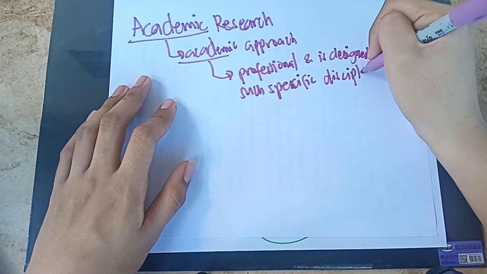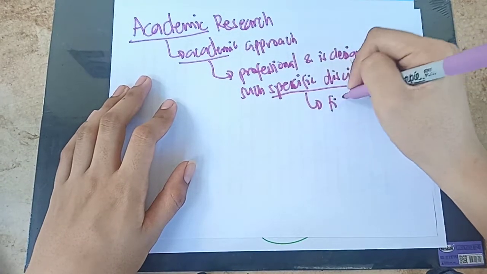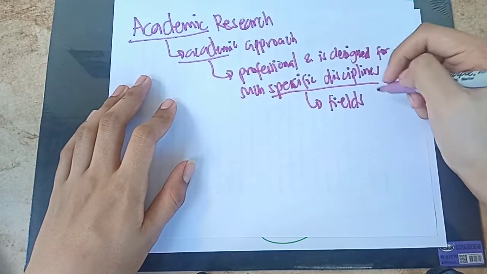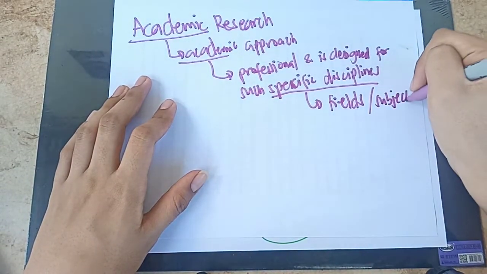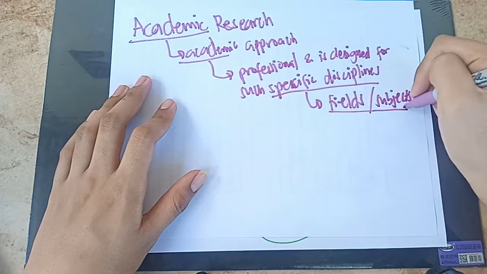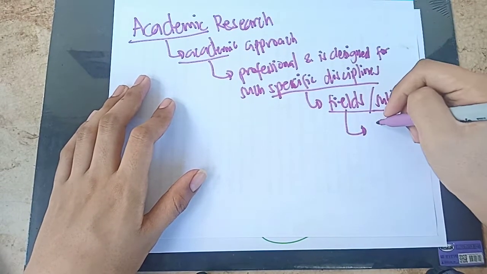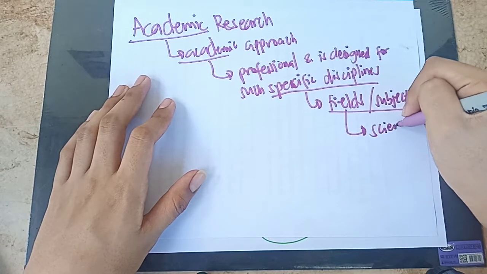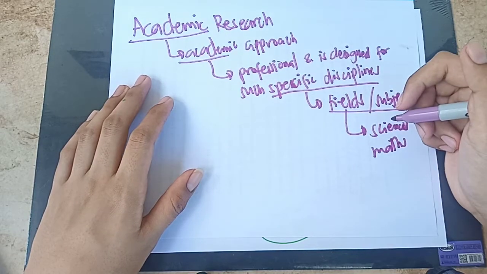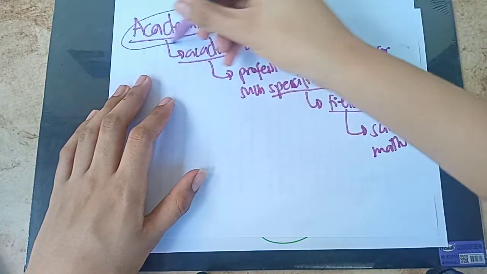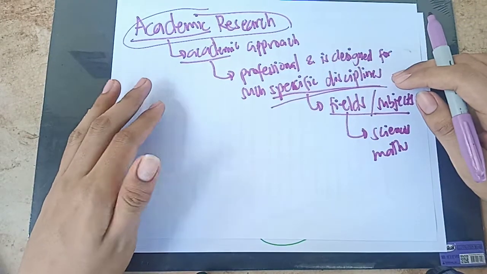When we say specific disciplines, we are pertaining to different fields or different subjects. These fields or subjects can be in the form of sciences or mathematics. That is the main essence of academic research: it is performed for specific disciplines or specific fields.